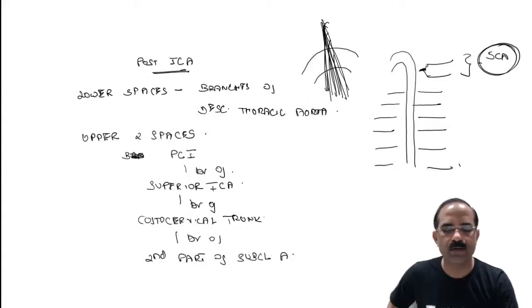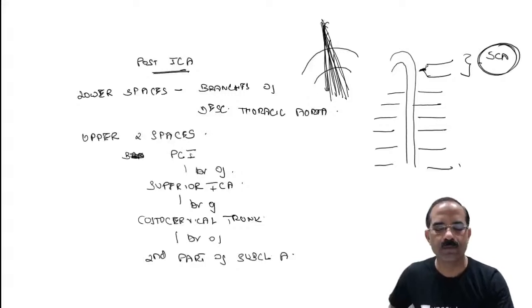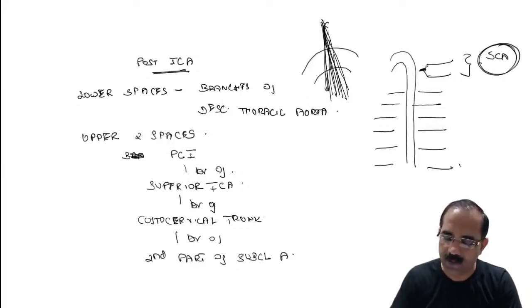Yes, students, subclavian artery is divided into three parts by which muscle? Scalenus anterior. Very good. Subclavian artery is divided into three parts by scalenus anterior, right? So that's the first part, that's the second part, and that's the third part.